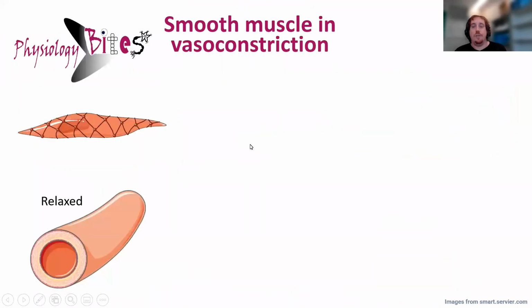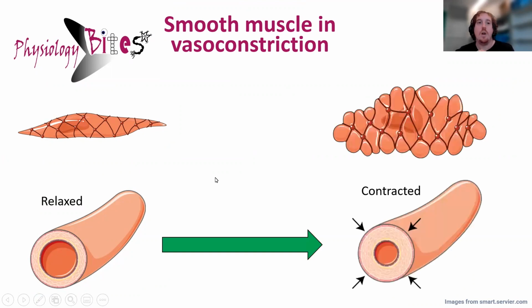Now, where that's useful is you might think to yourself, what does this mean? If we look at a blood vessel, in this case an artery, it has this nice thick lining of smooth muscle. When it's relaxed, this lining doesn't take up much space and there's a lot of space for blood to flow through the artery.